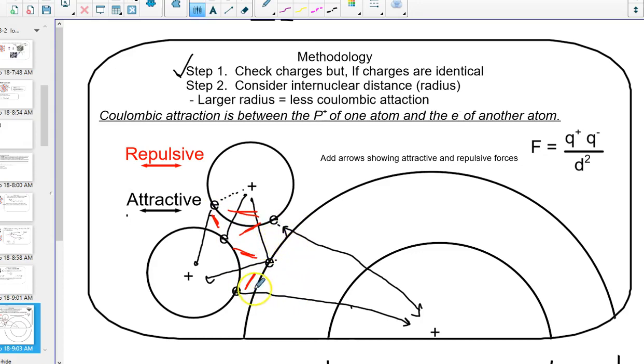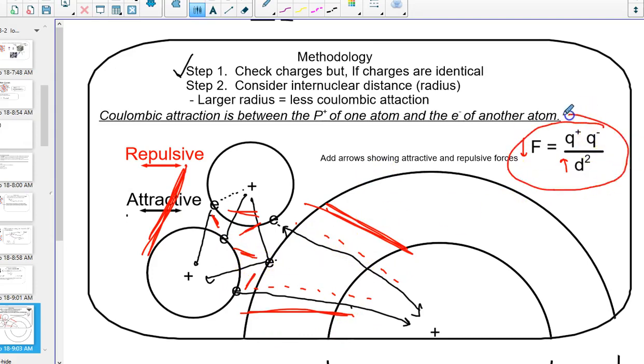But you should note here that this large distance here is really the problem as to why these two atoms would have a much larger attraction than these two atoms. So larger distances equal lower attractions, and we call it internuclear distance. We know it's looking at the sizes of the atoms, but we want to talk about it in terms of internuclear distance so we can explain how it applies relative to Coulomb's law.